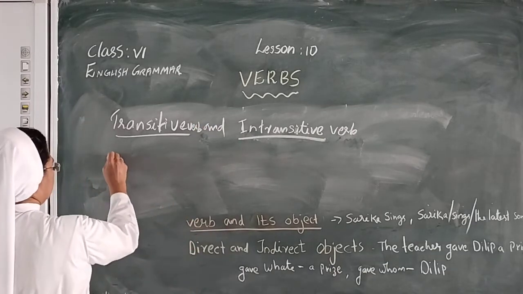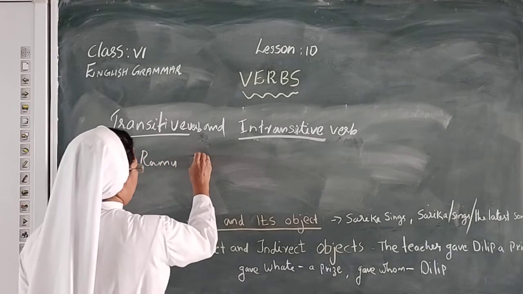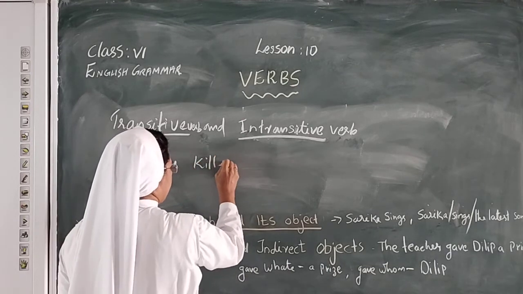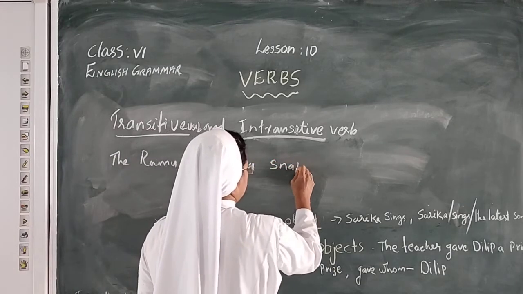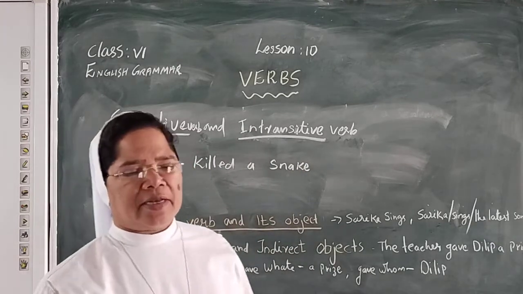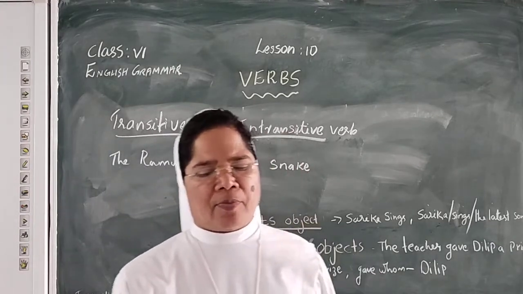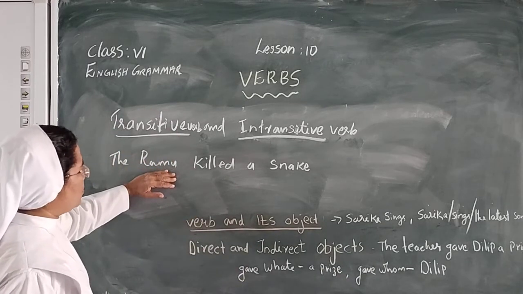First, Ramu killed a snake. Ramu killed a snake. Here this is a transitive verb.